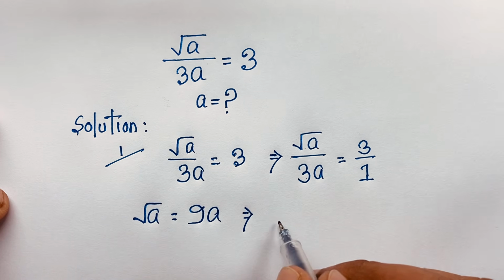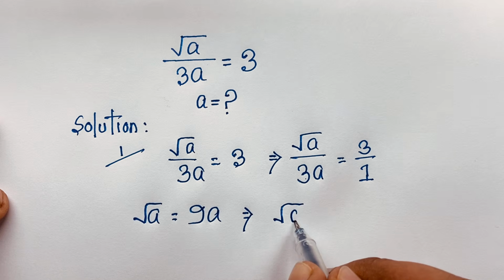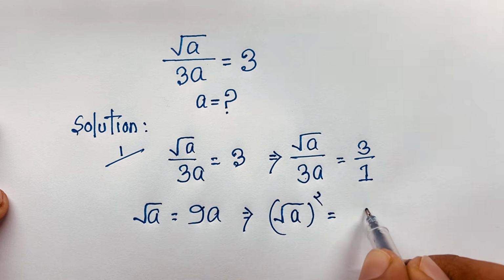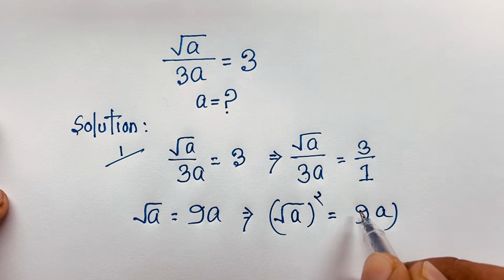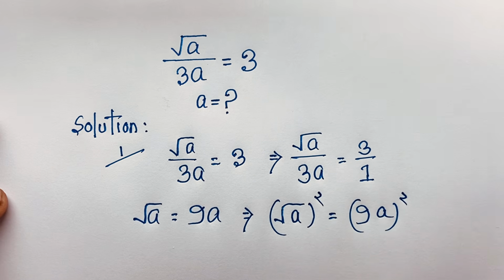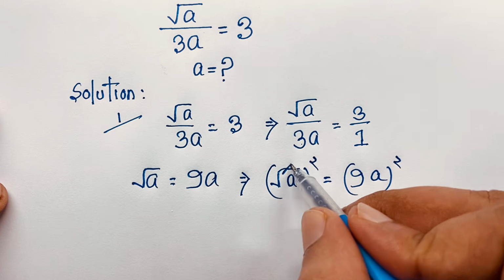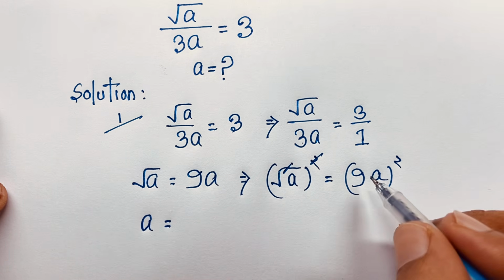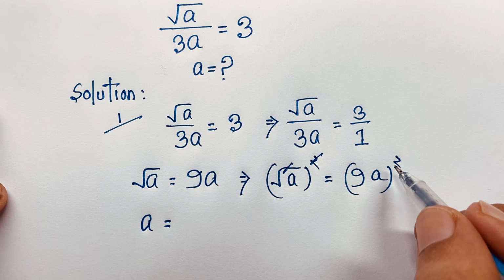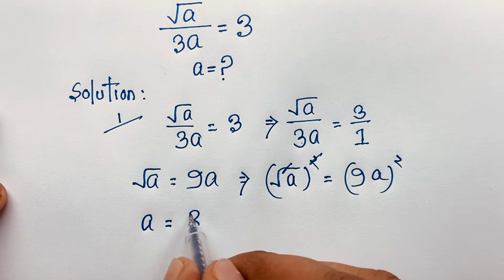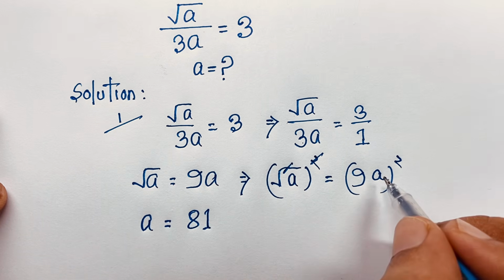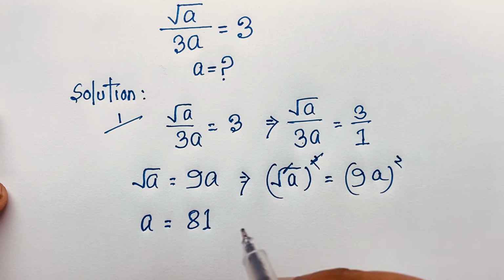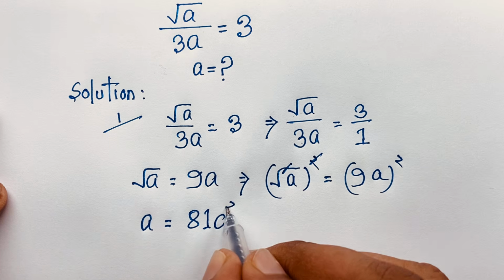Now at this moment I square both sides, so square root a to the power 2 is equal to 9a to the power 2. Now the square root is cancelled, which is a, then 9 to the power 2 is 81, and a to the power 2 is a squared.